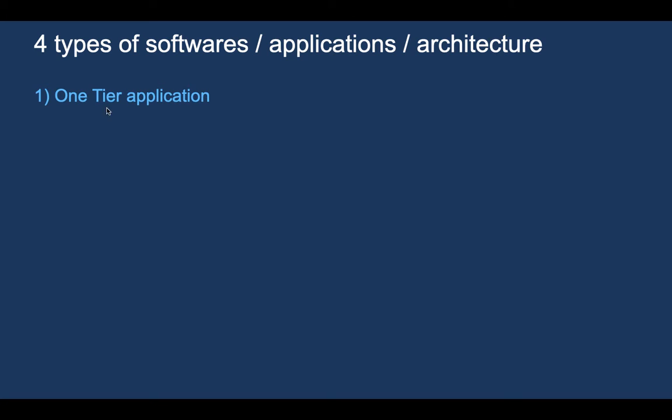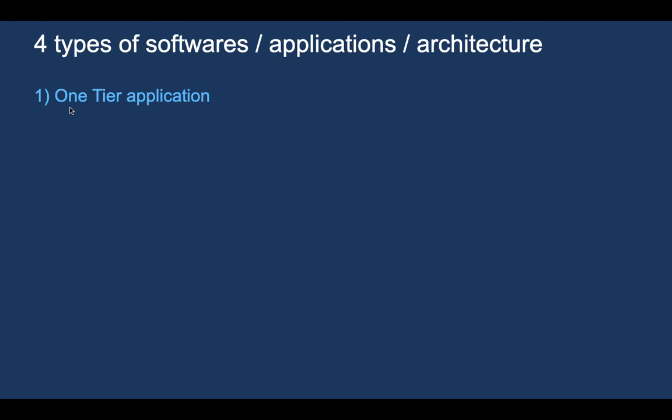When you see the word 1 tier over here, 1 tier does not mean that the application has only one layer. It does not mean that the software has only one tier. No, that is not what it means. So now you must be wondering in your mind, what is the meaning of the word one? Why do you have one over here? This one stands for machine, one machine.